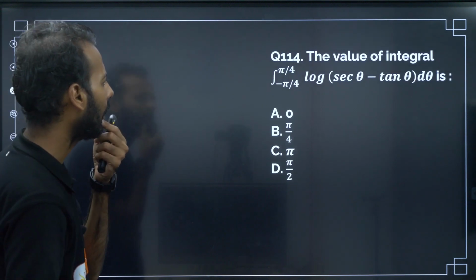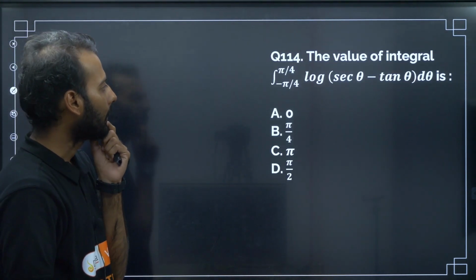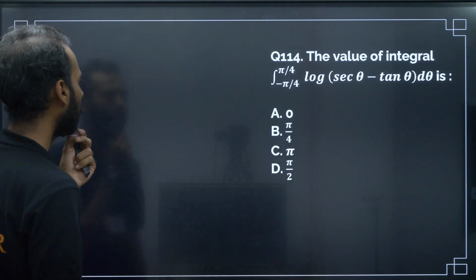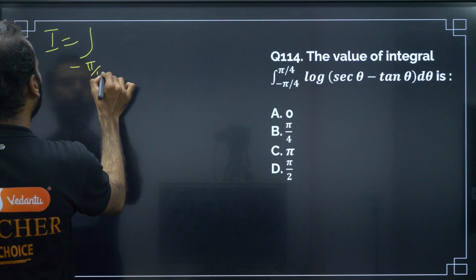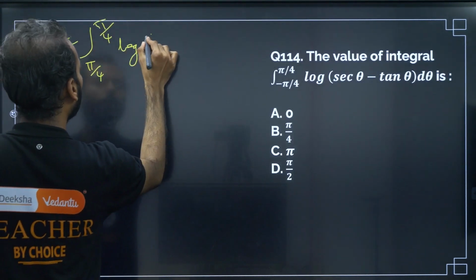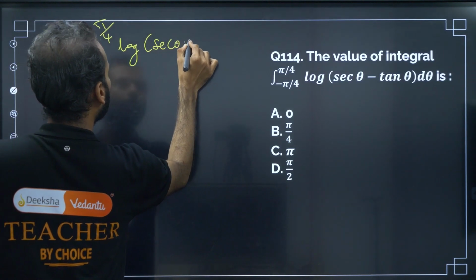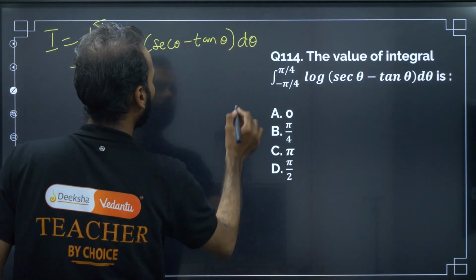Next, the value of the integral of log of secant theta minus tan theta d theta is. So it's an integration problem, let me write that: integral from -pi/4 to pi/4 of log of secant theta minus tan theta d theta. Same question I am writing here once again.